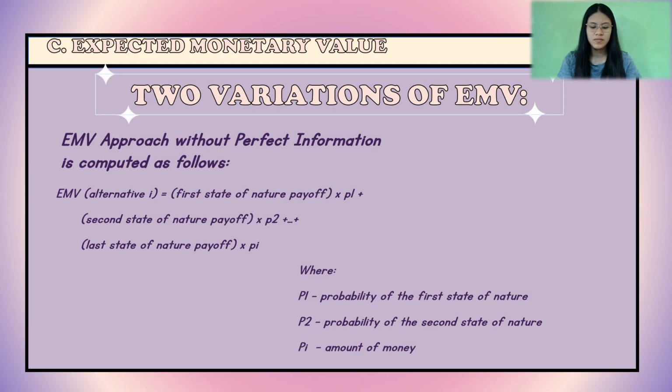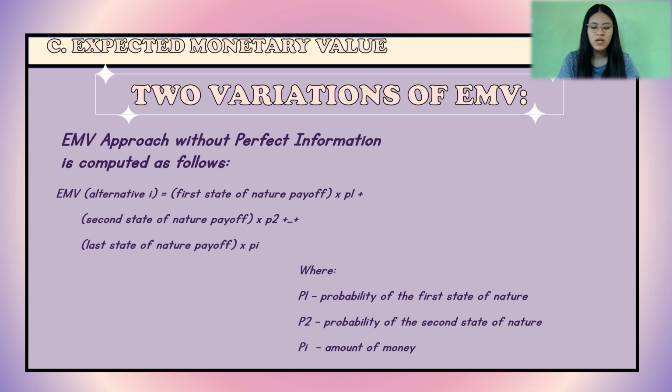So, expected monetary value. There are two variations of expected monetary value: the expected monetary value approach without perfect information and the expected monetary value approach with perfect information. Dun muna tayo sa expected monetary value approach without perfect information, computed as follows.